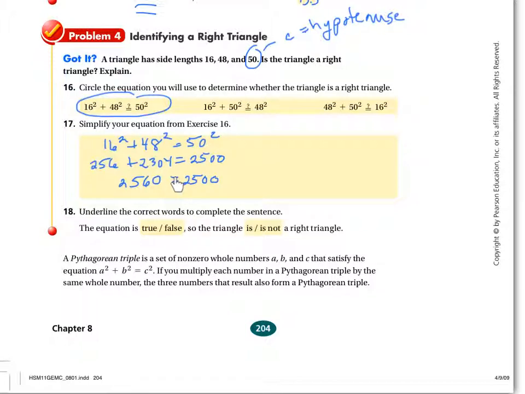Otherwise you could just say yes or no, and it's a 50-50 chance of getting that question right. You have to prove it by showing your work. In addition, I want to see a slash through that equal sign because they are not equal. And so therefore your answer is no, it is not a right triangle.